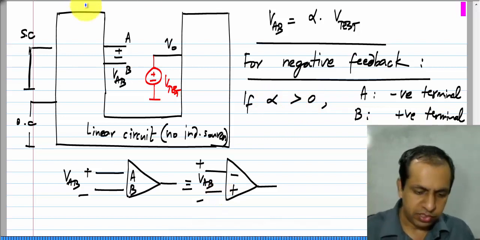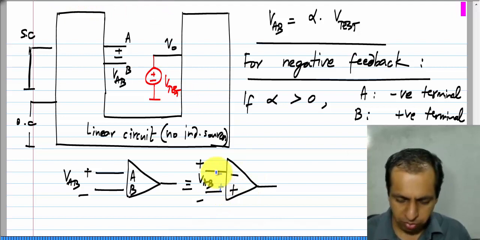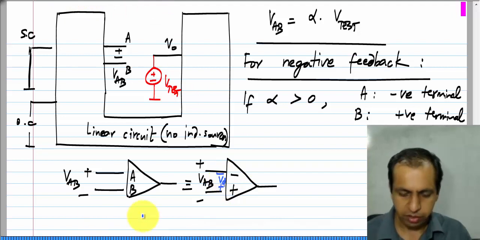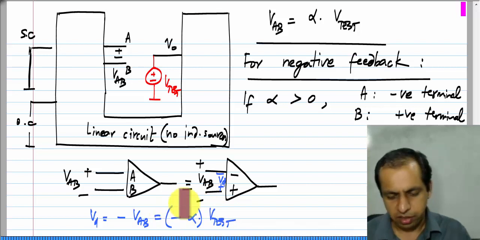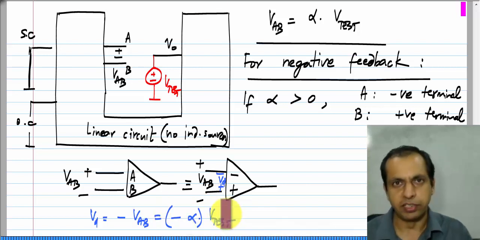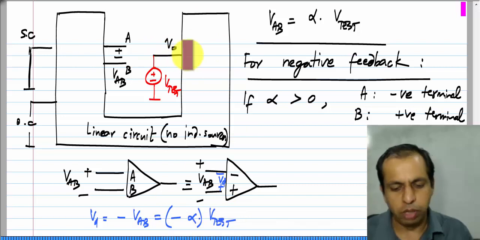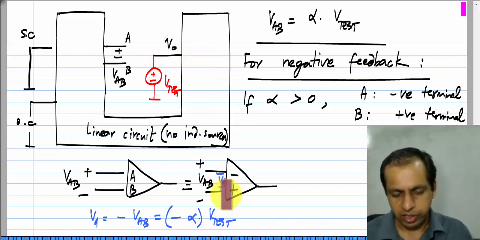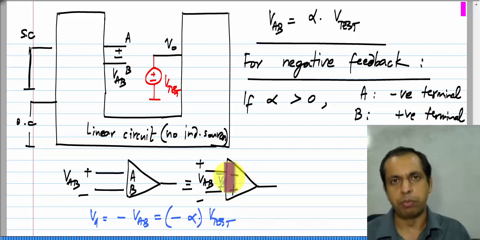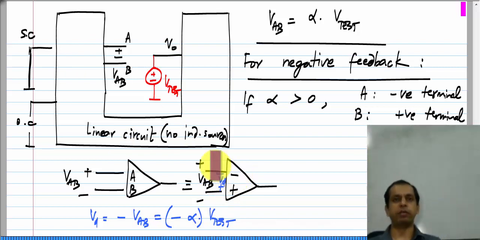Okay. The way we have assigned the signs of the op amp, the difference input of the op amp is VD. So, VD is minus VAB, which is minus alpha times V test. Because alpha is positive, I get some negative multiple of V test. That means that whatever the op amp's output is, it will get multiplied by some negative number and will get applied to the input of the op amp, and that is the meaning of negative feedback.